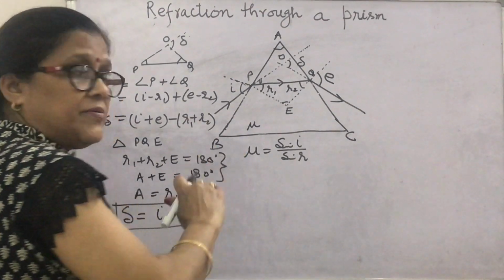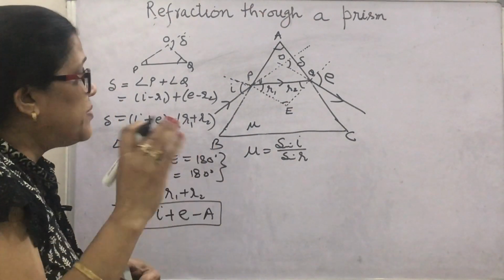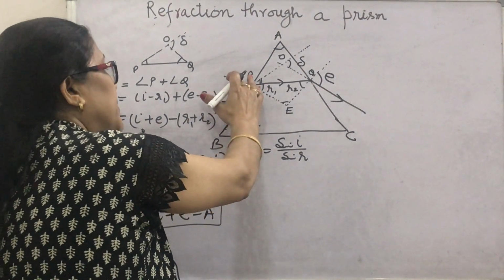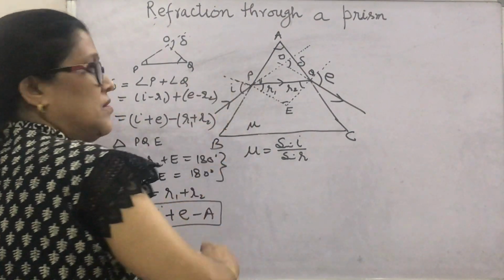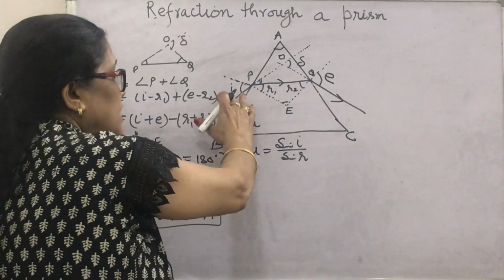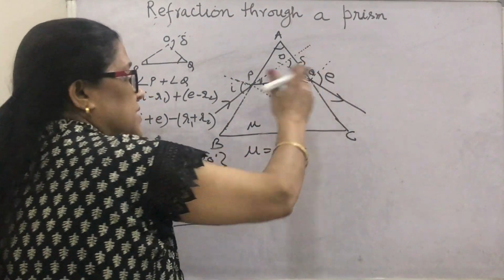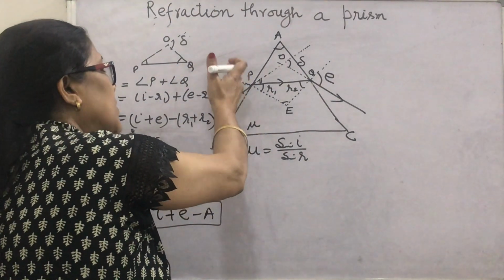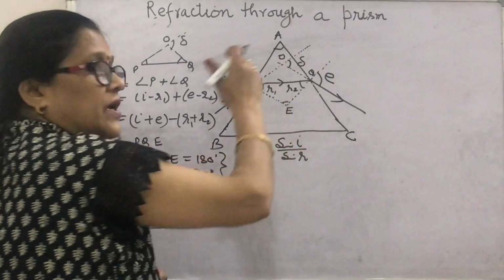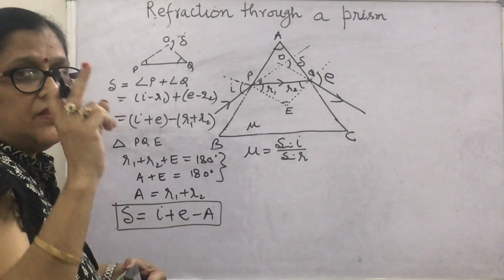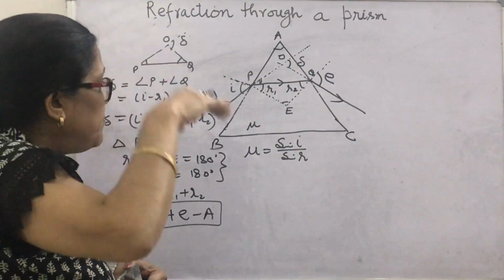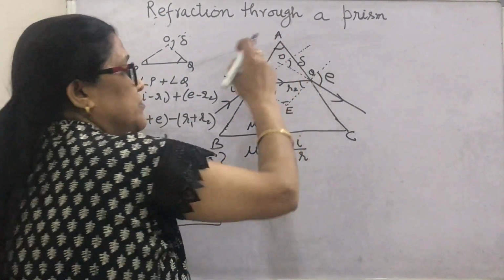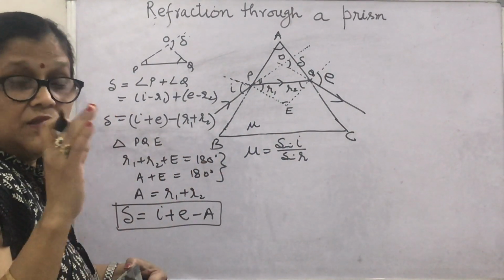But before that, look, in case of a prism, for any particular angle I there is an angle of emergence E. If you take different angles of I, you will get different angles of E, but there will be one particular angle of incidence for which the angle of emergence will be the same.